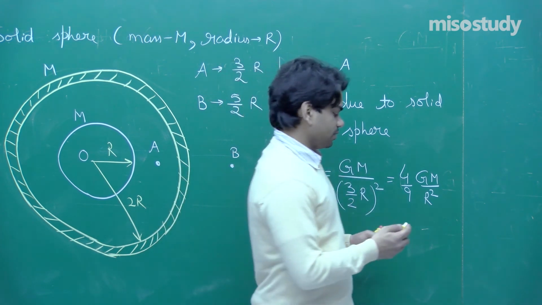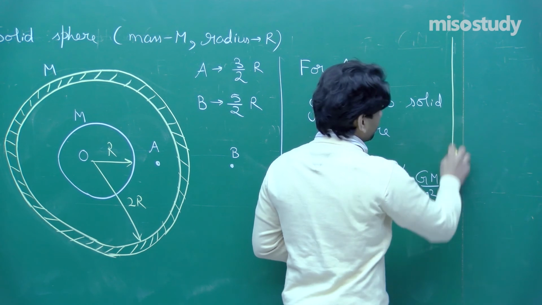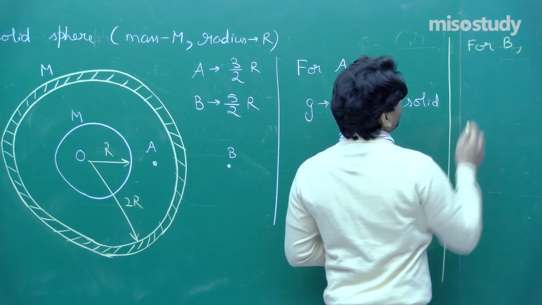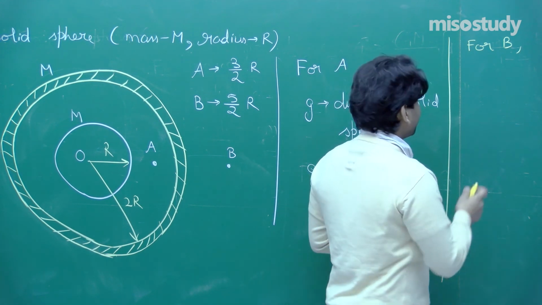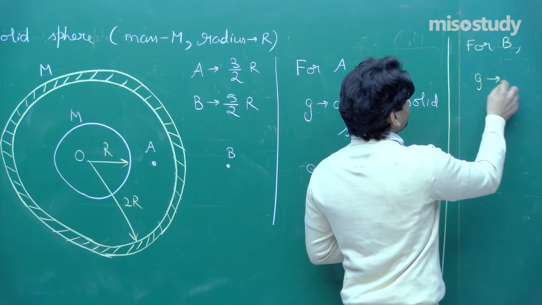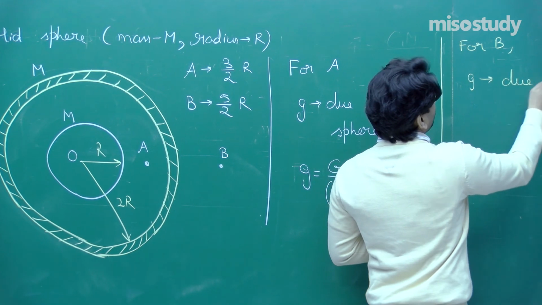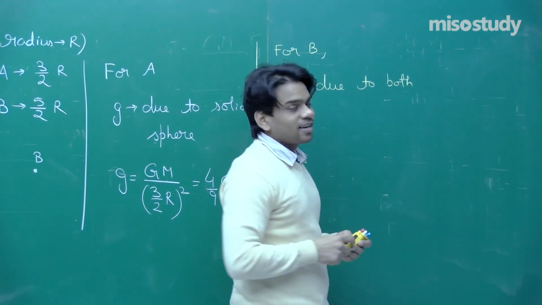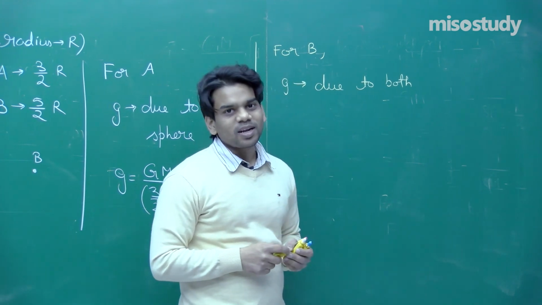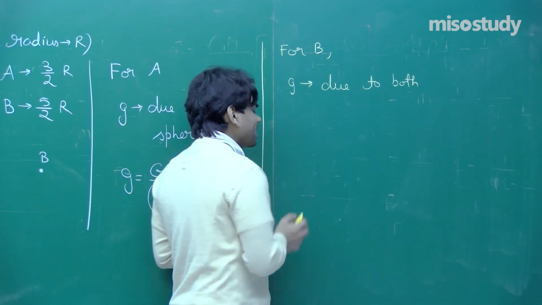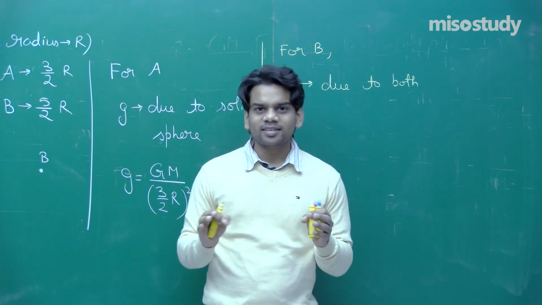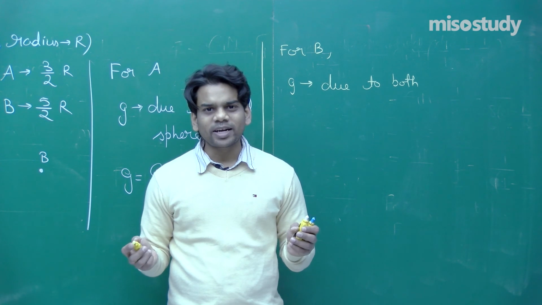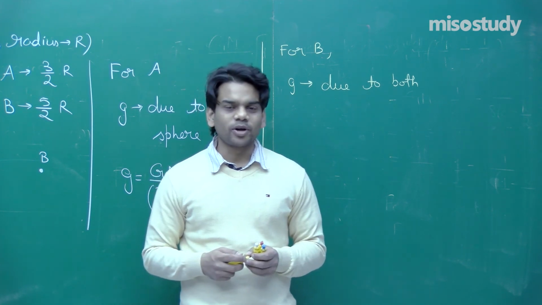Now for B, what will be the value of field? It will be due to both, because point B is an external point for both the hollow sphere and the solid sphere, and we can treat the object as kept at its center when finding the value of field at an external point.